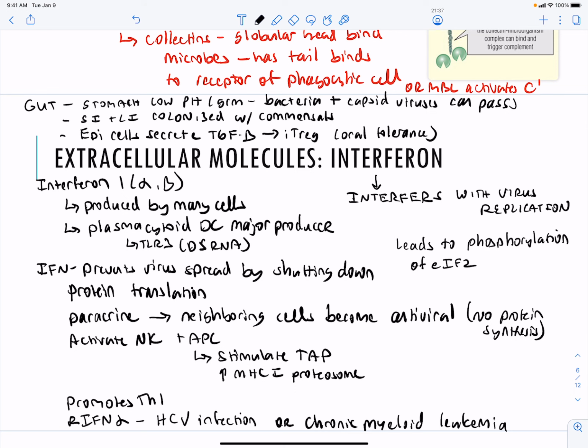And with chronic myeloid leukemia, the gene BCR-ABL is involved. With the success of that treatment.